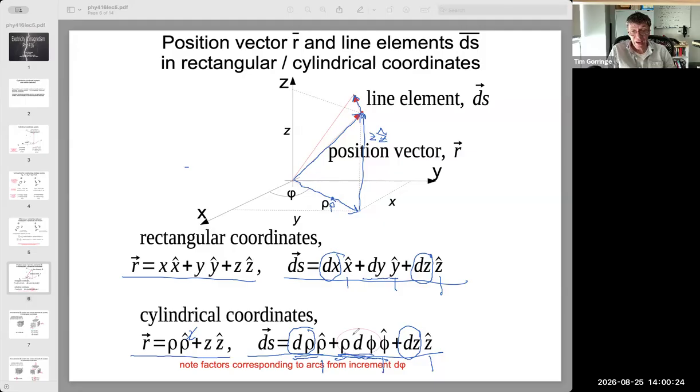You see here, every component, the dx, dy, dz, the d rho, the rho d phi, and the dz, they all have units of length, so they're all in millimeters or centimeters or whatever the units are. So that's an important difference here. If I'm thinking about how rectangular and cylindrical coordinates differ from one another, this is another important difference that we have to be aware of.